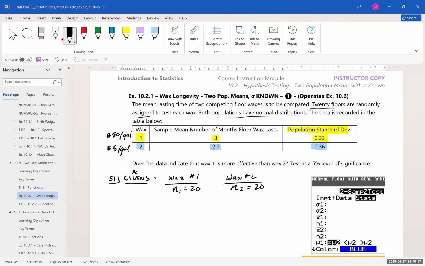So the sample mean for wax 1 is 3. The sample mean for wax 2 is 2.9. The population standard deviation that wax 1 came from is 0.33, and the population standard deviation that wax 2 came from is 0.36.